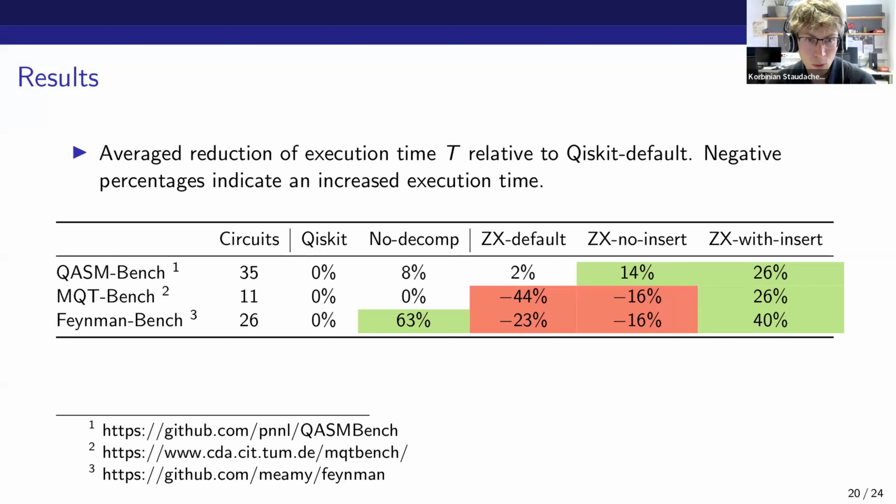And then we had 3 different ZX approaches. So this ZX default approach is simply the standard simplification and extraction scheme. This ZX no insert is the algorithm which runs in the same worst case runtime complexity, so where we don't allow these additional identity insertions. And ZX with insert is the full algorithm I've shown.